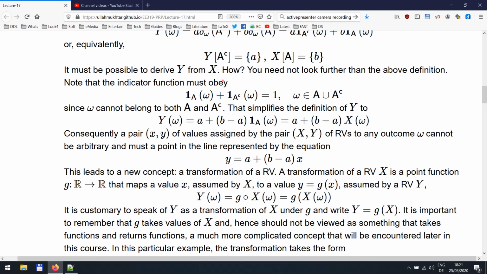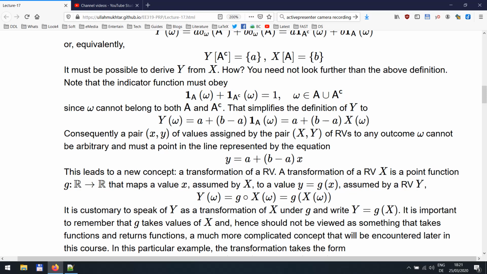Now, how do we go about this? The first observation we make is the nature of the indicator function. The indicator functions must have this property. Why do I say that? A point omega, so you see this will give me the whole sample space, because A and A complement cover the whole sample space. So think about this now.